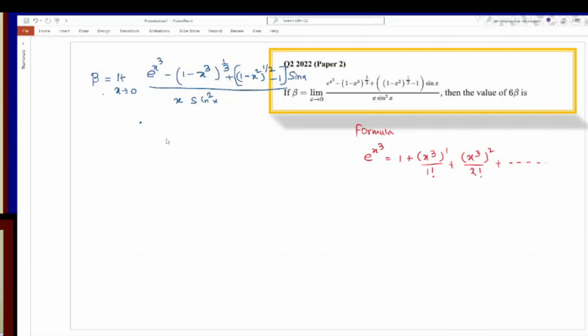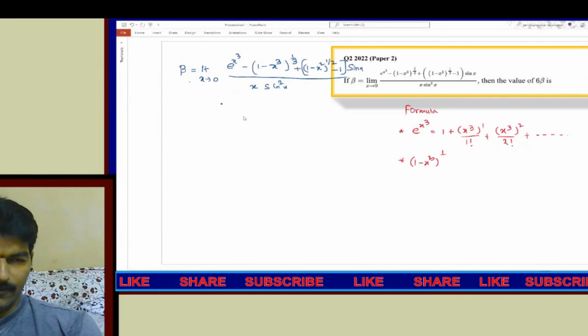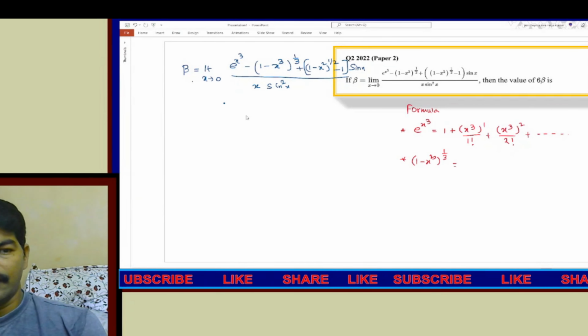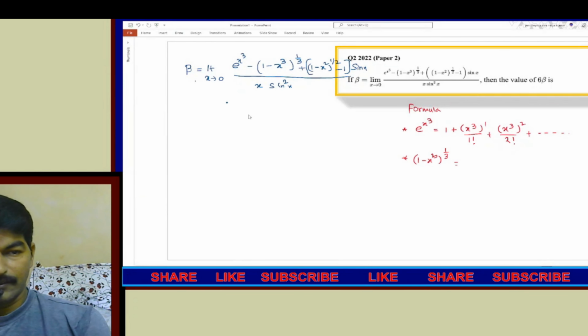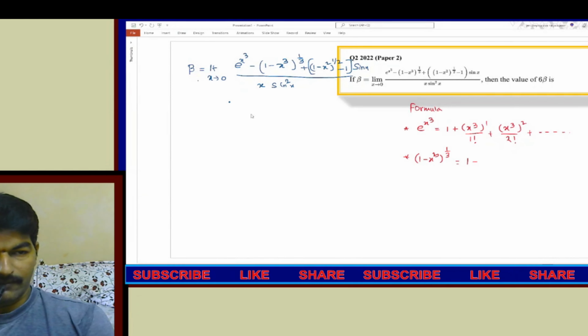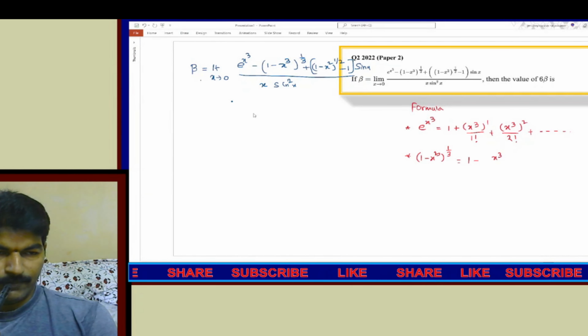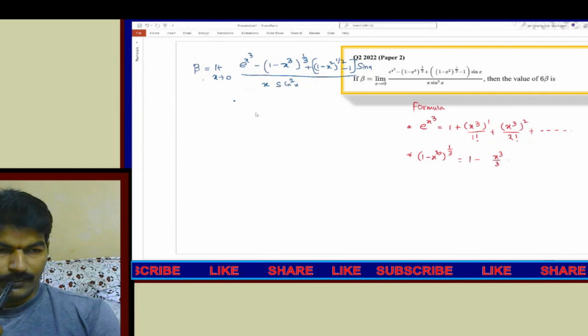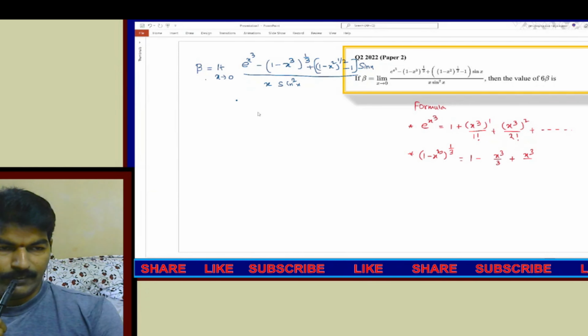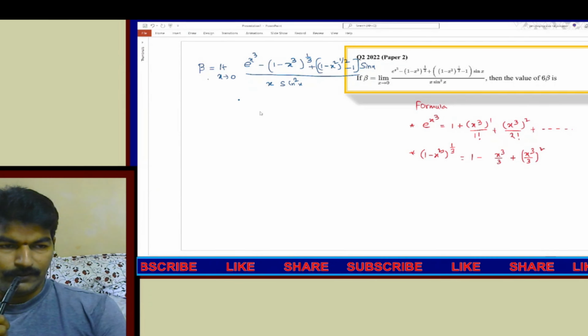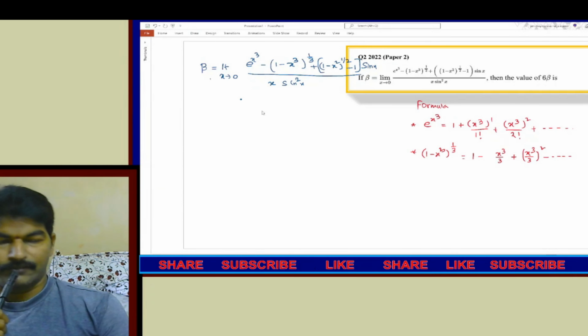And next, take the second one in this given problem, 1 minus x cube whole power 1 by 3. It's a binomial expansion. So this value will be 1 minus x cube by 3, and next plus x cube by 3 whole square, and minus and so on.